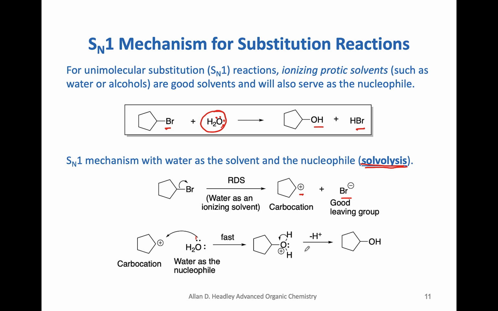So as you can imagine, the Br- takes this off to get HBr as the other product. But here is the organic product for that reaction that's undergone, so to speak, a solvolysis mechanism, or SN1.